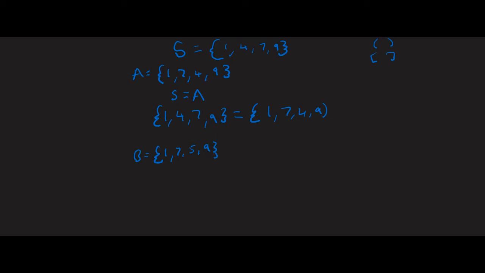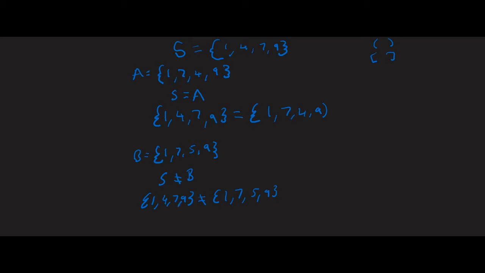So it's not equal. So S is not equal to B, or {1, 4, 7, 9} is not equal to {1, 7, 5, 9}. Almost forgot the comma there.